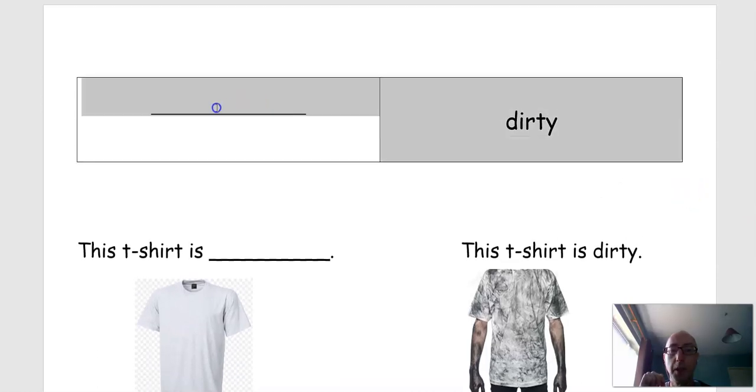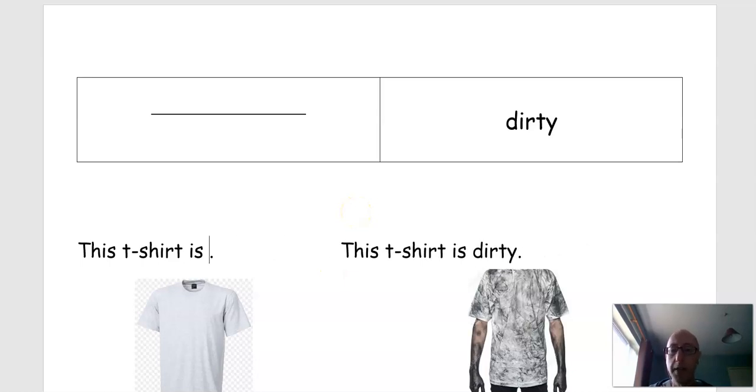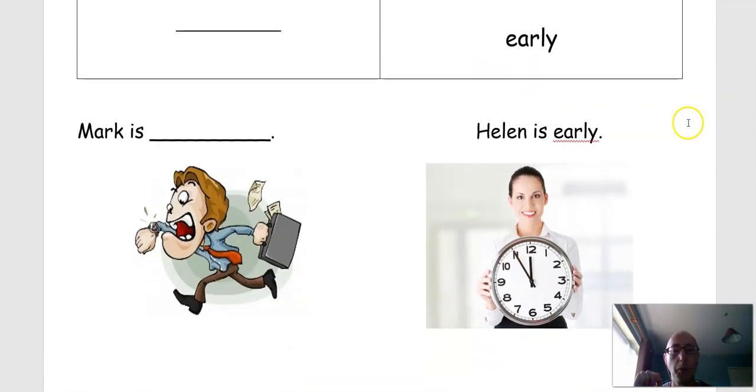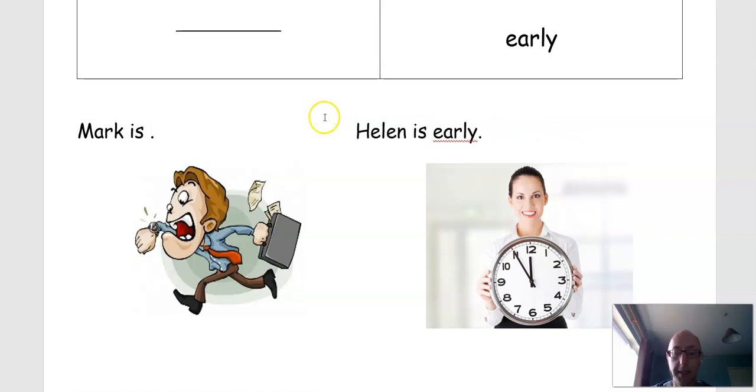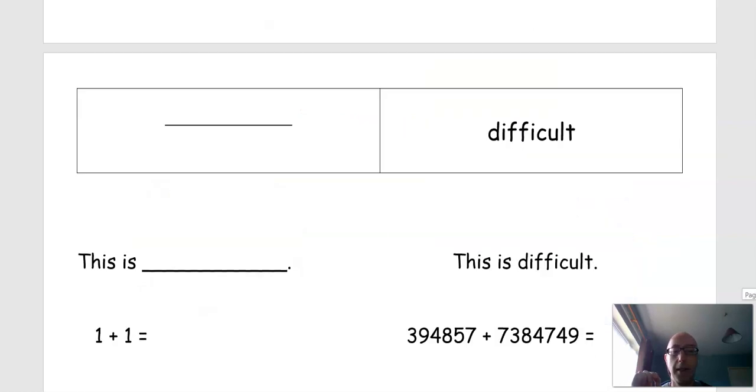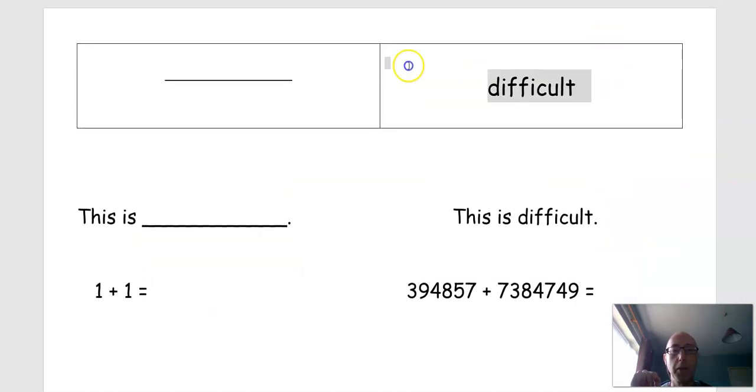We have dirty. What's the opposite of dirty? This t-shirt is clean. Next one, we have early. What's the opposite of early? Helen is early. Mark is, begins with L. What's the word? Late. How do you spell late? L-A-T-E. Late. And we have difficult. What's the opposite of difficult? This sum is difficult.